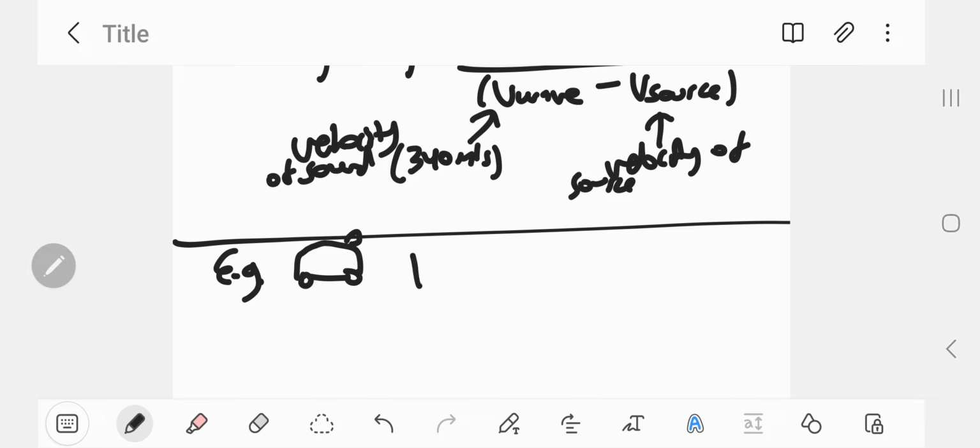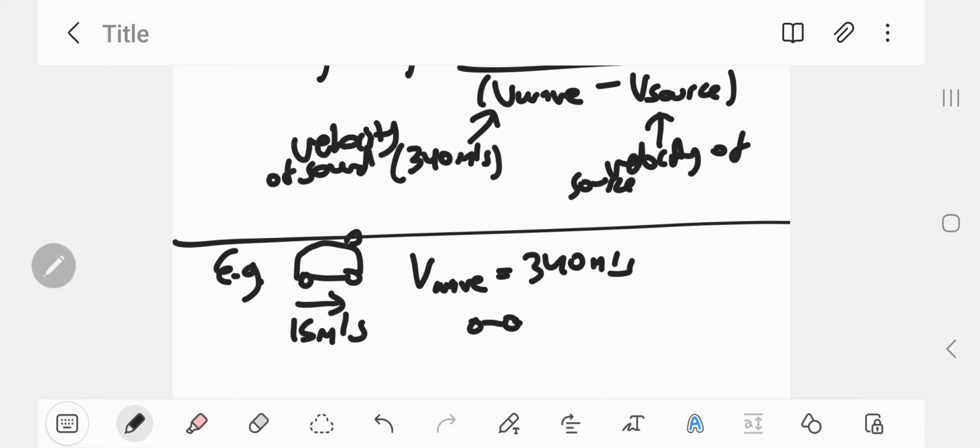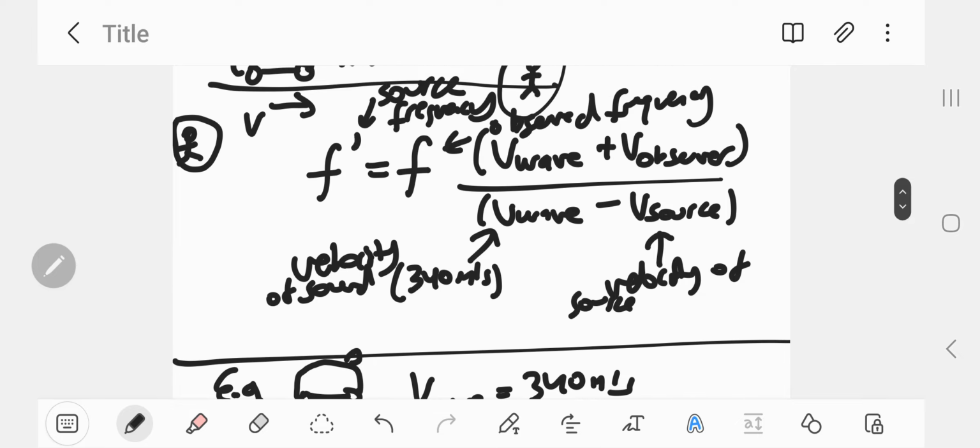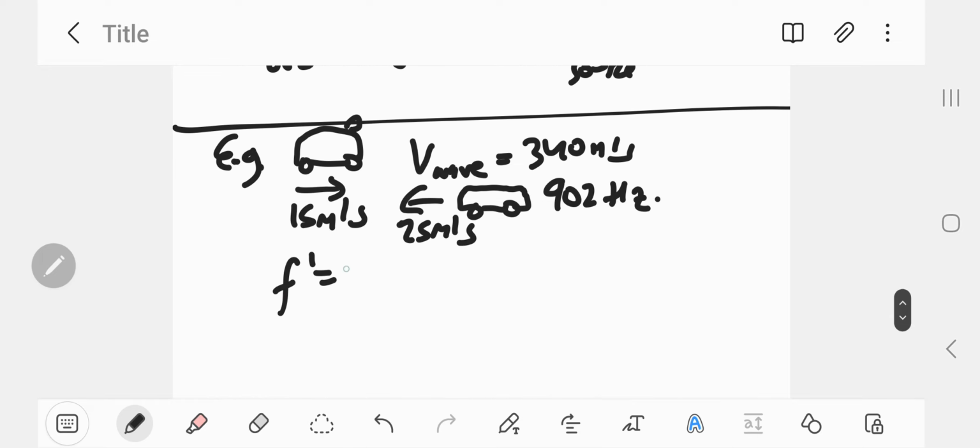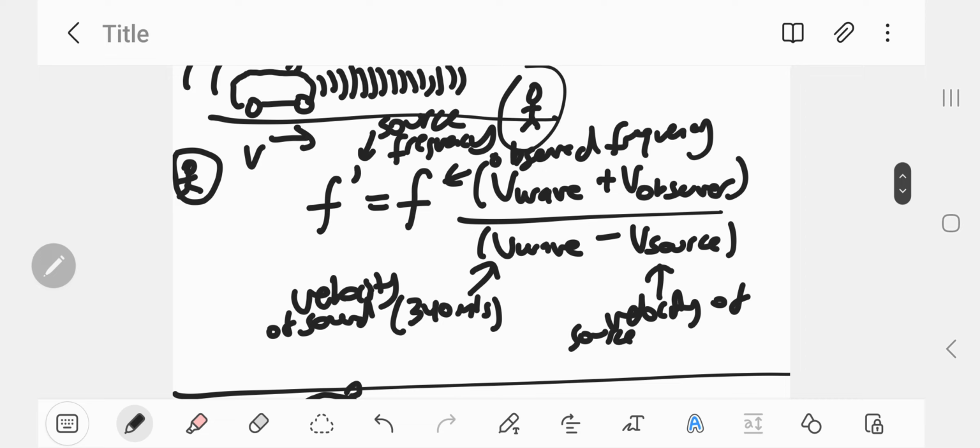Given that the velocity of sound, V sub wave, is 340 meters per second, and the ambulance is moving along at 15 meters per second, and let's suppose that a car is heading towards the ambulance in the opposite direction at 25 meters per second, and the frequency of sound heard by the person in the car is 902 hertz. So we need to work out f prime, f dashed, the frequency of the source, which in this case is the ambulance.